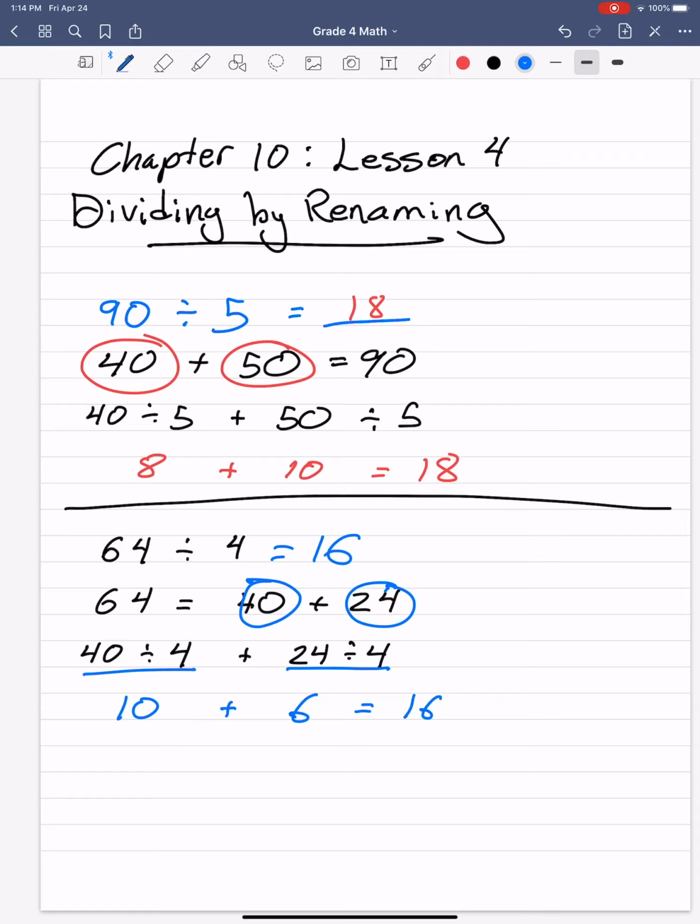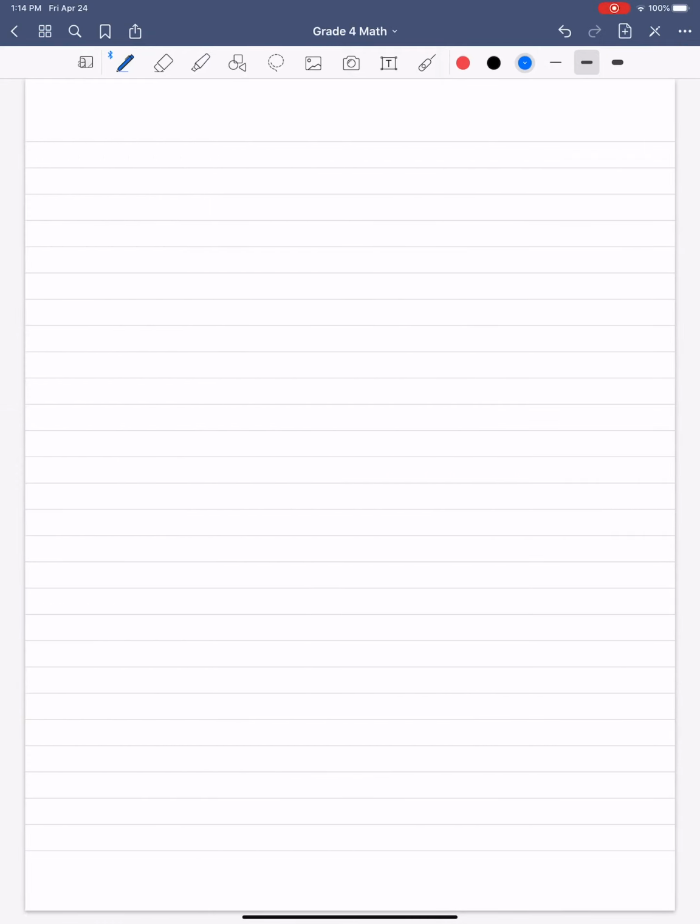Sometimes it can be a little more tricky, especially if there's remainders. So I'm going to show you one example with a remainder. So let's say we have 75 divided by 6. Okay, so I'm going to start by figuring out, okay, what two numbers can I add together to make 75, but will be easier for me to do in my head. So I'm going to pick 60 plus 15.